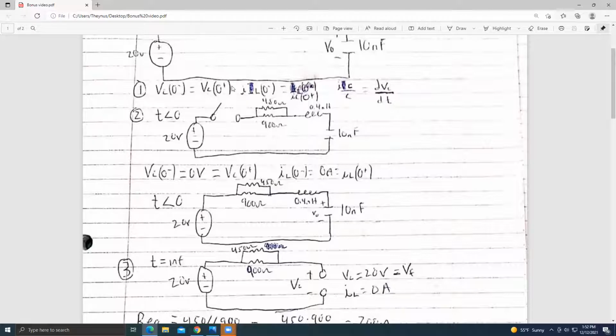The reason for this is because at that instantaneous moment that the switch closes for t greater than 0, it has not been enough time for the components to react yet. Therefore, we can say that the voltage over our capacitor and the current through our inductor are the same as our steady state before that. So saying that, we can see that VC0 minus is equal to 0 volts. Therefore, VC0 plus is equal to 0 volts. Same goes for IL0 minus is equal to 0 amps. IL0 plus is also equal to 0 amps.